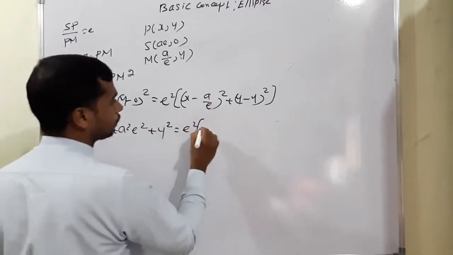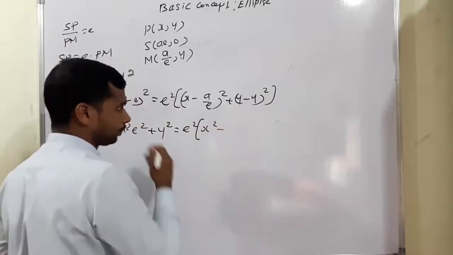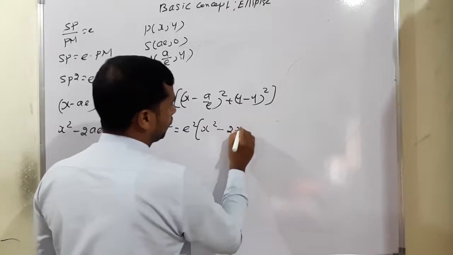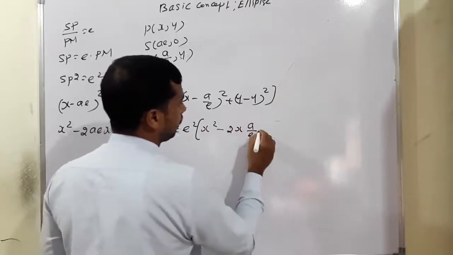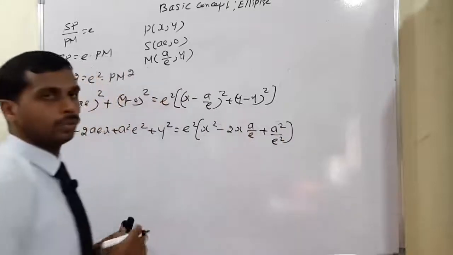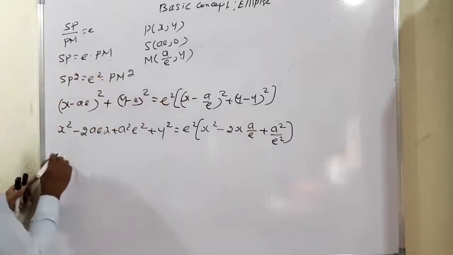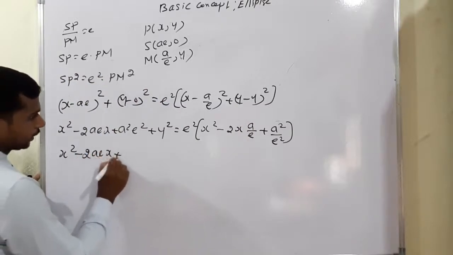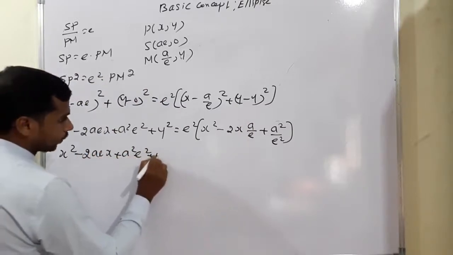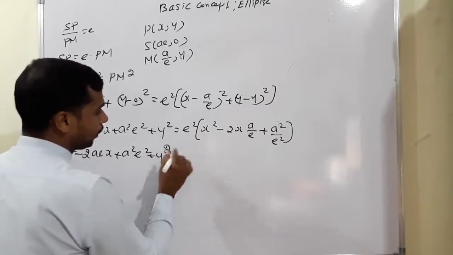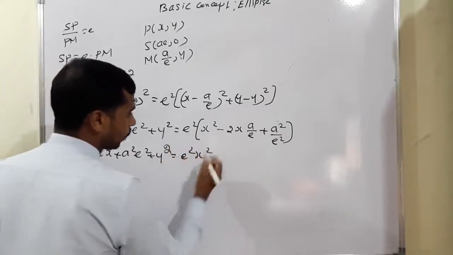Again A minus B means x square minus 2x into A by E plus A square divided by E square. Second time y minus y means 0 will come. So now left hand side as it is: x square minus 2AEx plus A square E square plus y square is equal to, each and every time into E square, E square x square.